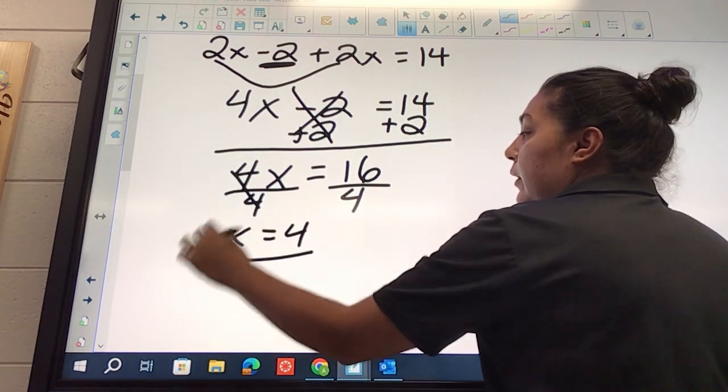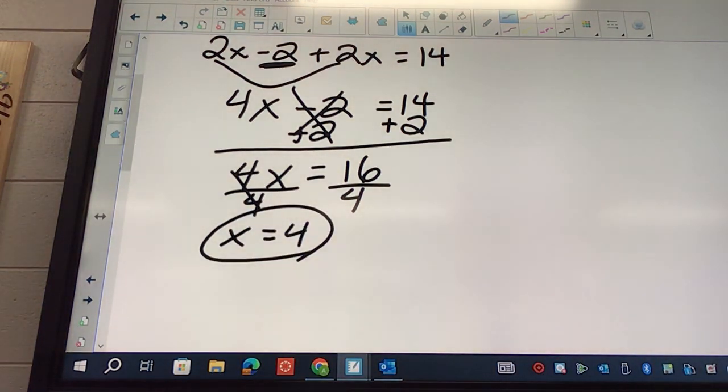X equals 4, good. That's not right. Oh, what do you do, 4 and 4? Yeah. Okay, that's it.